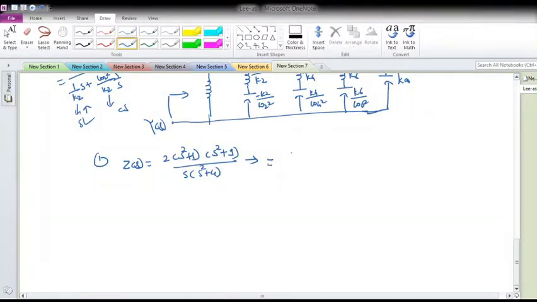So what we can observe is that there is one pole at the origin, and the numerator has s², this is 9 by the way, so definitely there will be one pole at infinity.